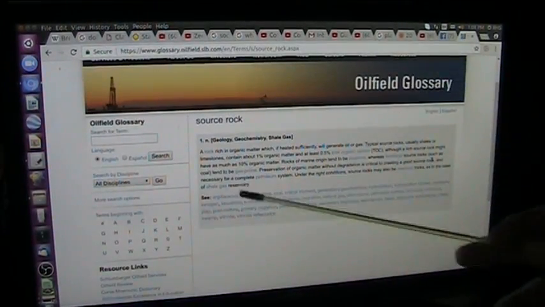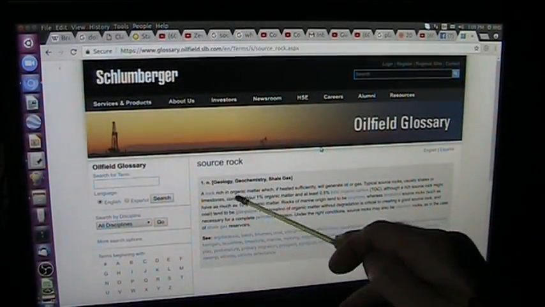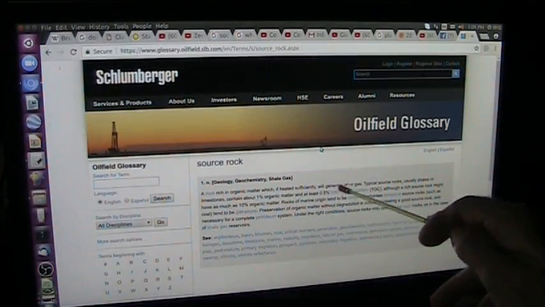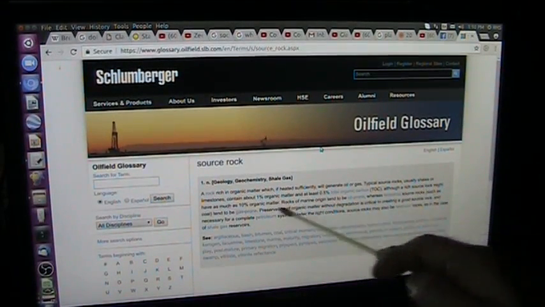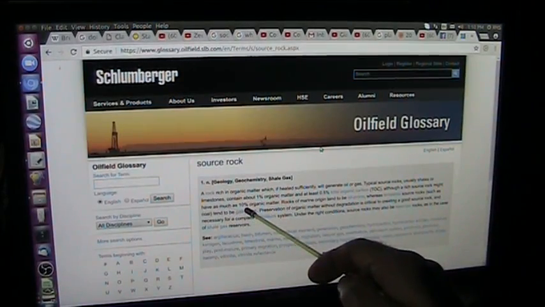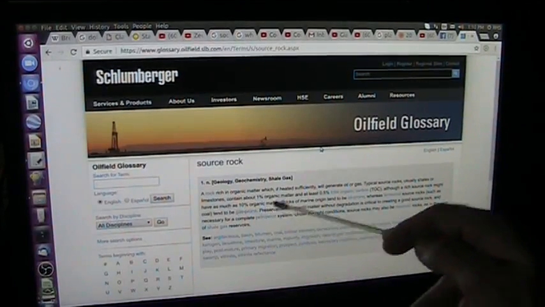All right, here it is right here, Schlumberger Oil Field Glossary. Source rock: a rock rich in organic matter that, if heated sufficiently, generates oil or gas. A source rock might have as much as 10% organic matter, while limestones only contain about 1%. And then it goes on.